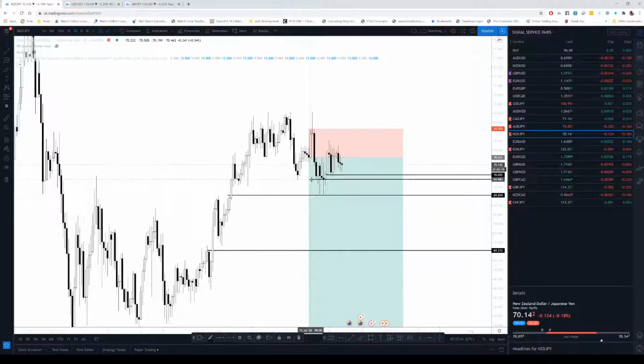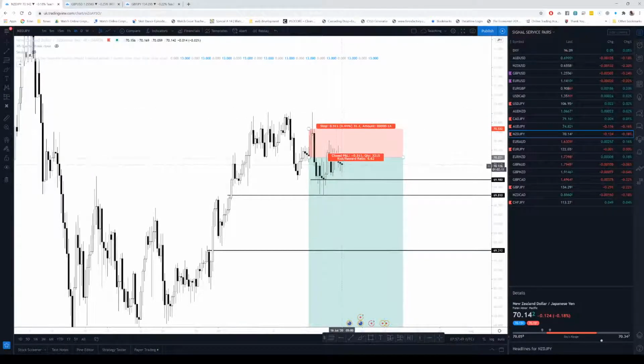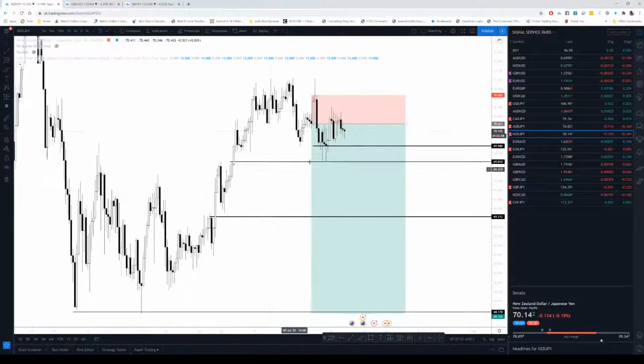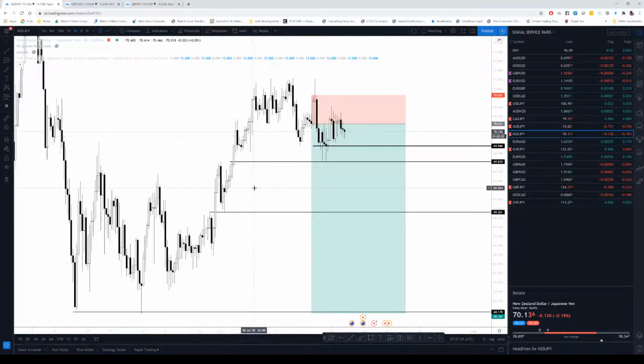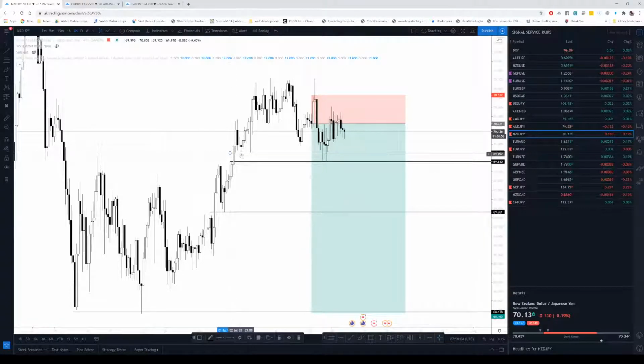This is where I'm watching currently, because once we break that low, momentum to the downside will increase, and I'll be taking something off at this low. This level is what has kept price where it is now, between these two.